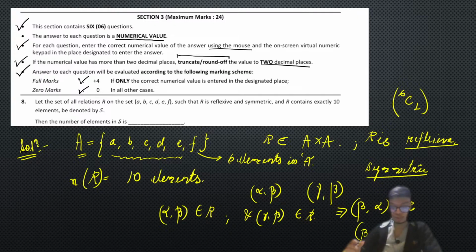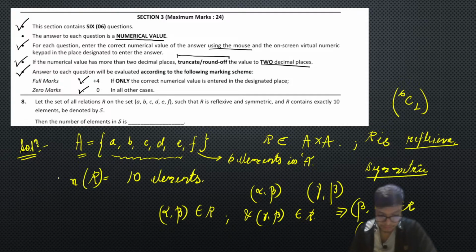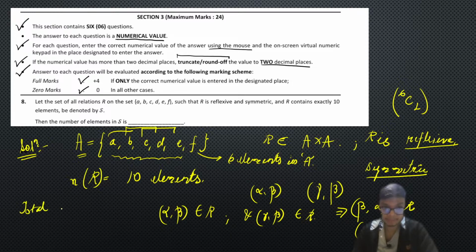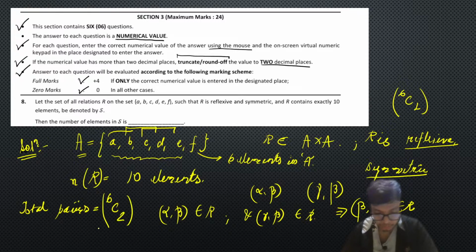So we need to choose a pair alpha comma beta and beta comma gamma. Therefore we have to choose two things. We have to choose in pairs out of the 6 elements. So the total pairs I can form is given as 6C2.